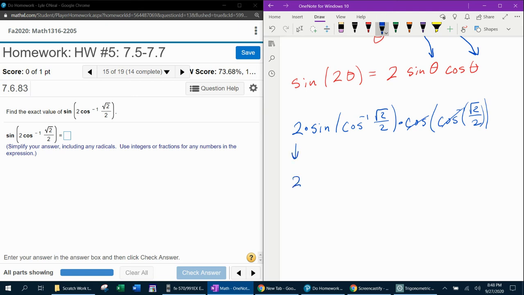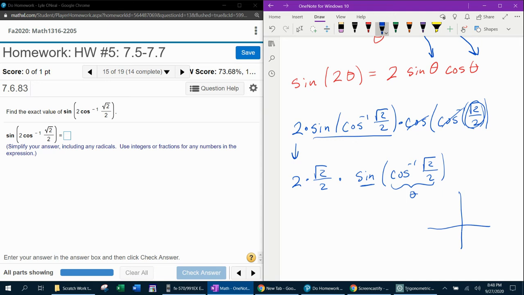So I'm going to bring down the 2, and then I'm going to bring down the square root of 2 over 2, and then this expression, the sine of the inverse cosine of square root of 2 over 2. Okay, so then I'm going to need to figure out what is this angle. And once I figure out that angle, then I'm going to have to figure out, well, what is the sine of that angle?